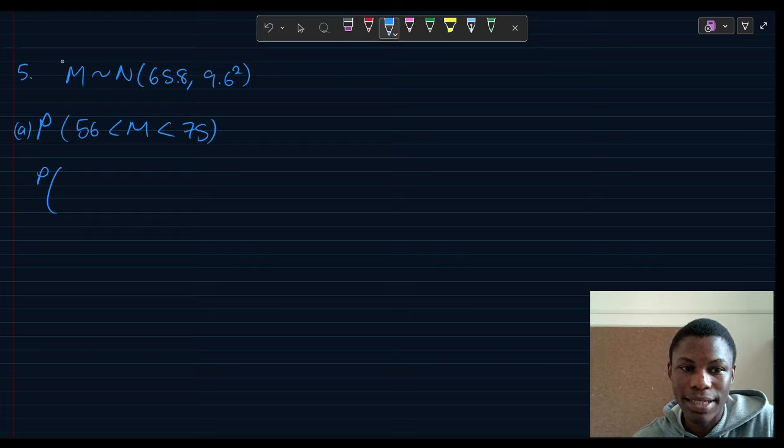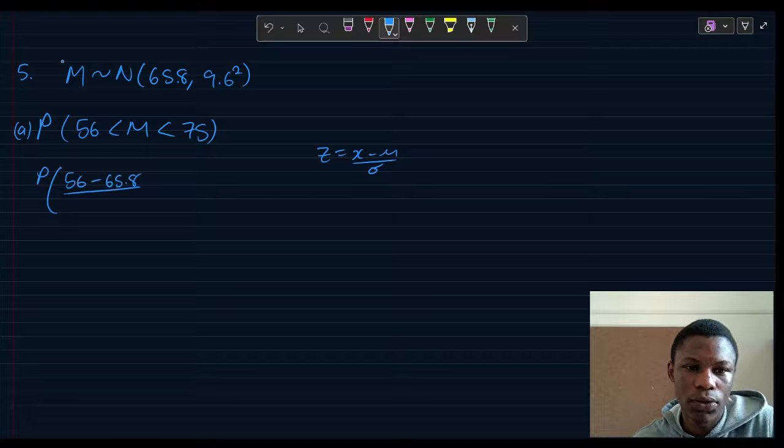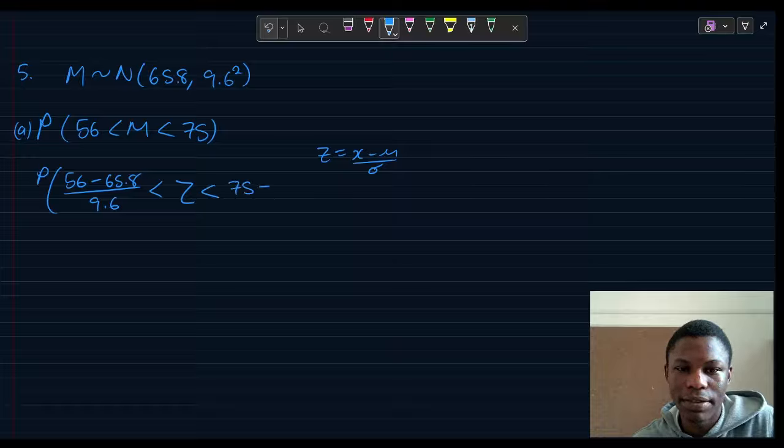Standardize the 56. Remember your formula for standardization, x minus mu over sigma. So 56 minus our mu, which is 65.8, over sigma, which is 9.6, is less than Z. When you standardize, you get big Z. Then standardize the 75: 75 minus 65.8 over 9.6.